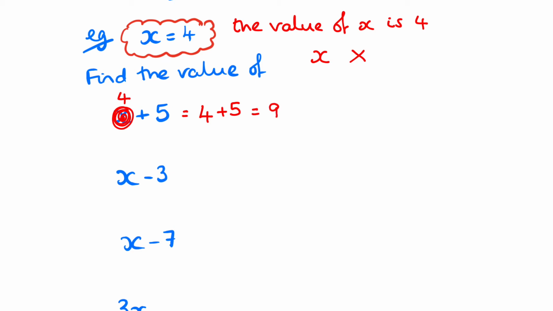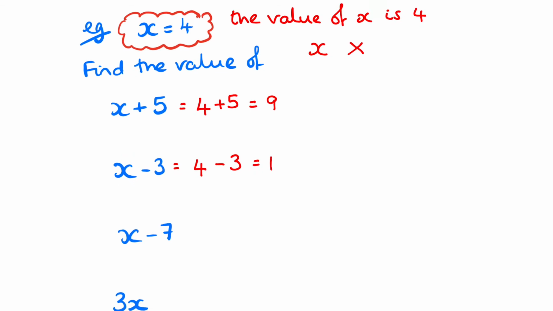So we have evaluated the expression x add 5, given the value that x equals 4. So we're going to do it with the next one. x take away 3. So remember, x is 4 because that's what we're told. We're told the value of x. So we're going to do 4 take away 3 because we're substituting that x for its value, which is 4. 4 take away 3 is 1.